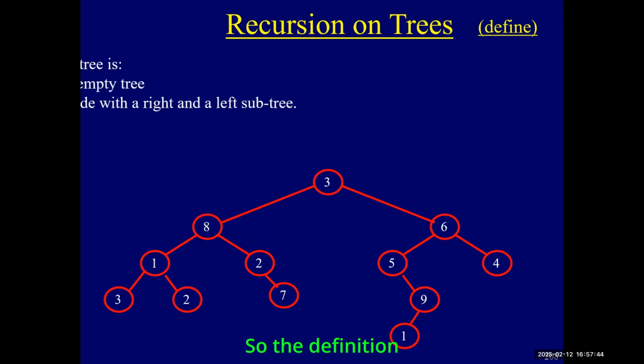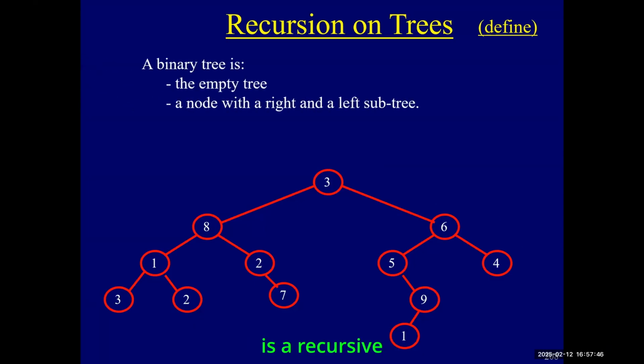So the definition I would like is a recursive definition. Why? Because it's a recursive structure. And you know my favorite base case is 0. So here, the empty tree is a perfectly good tree, right? Just because it has no nodes, don't discriminate against it.